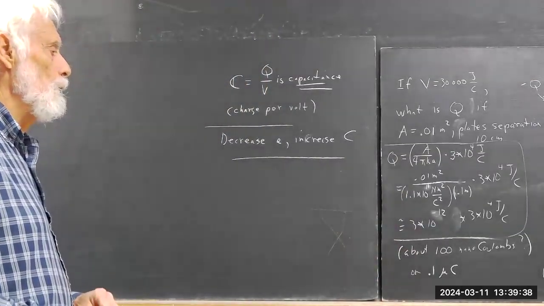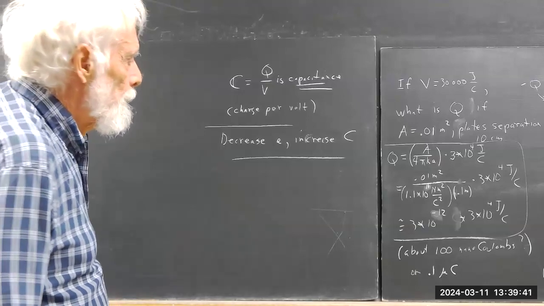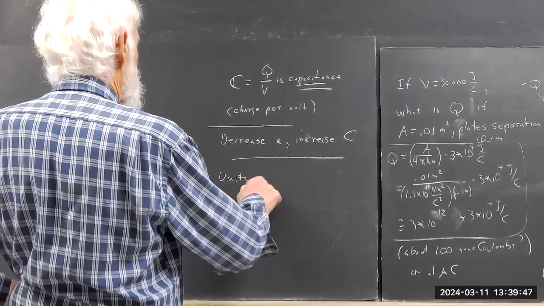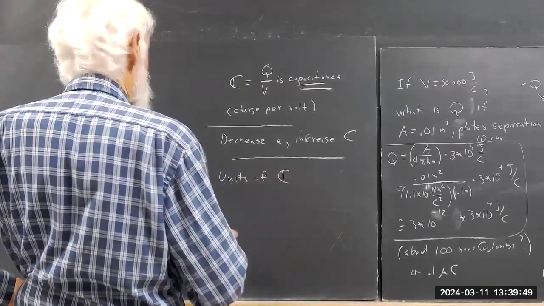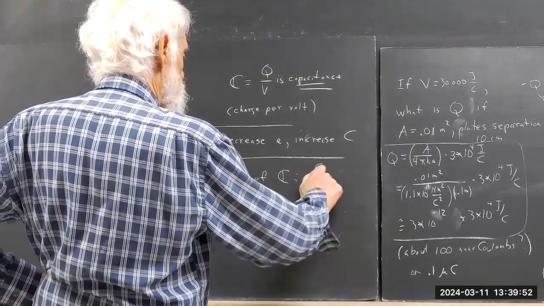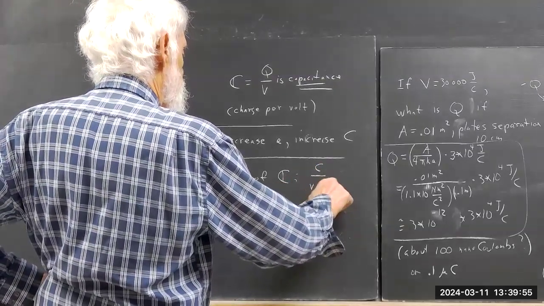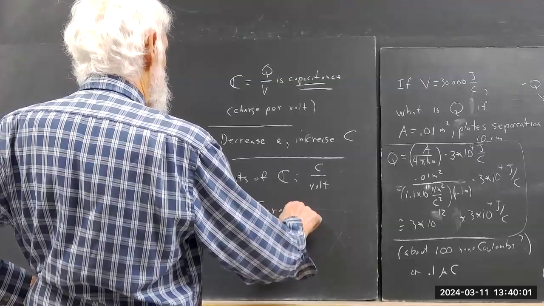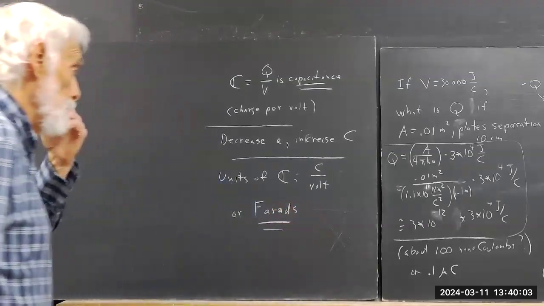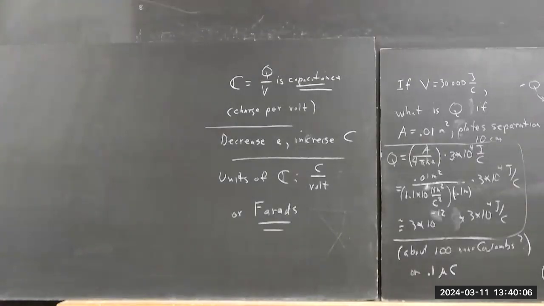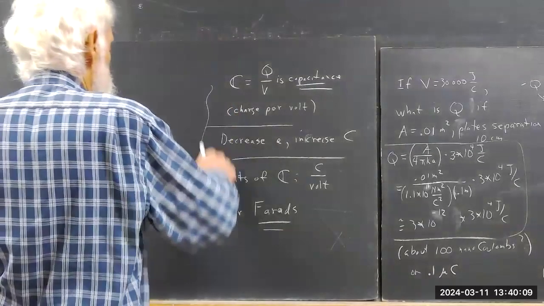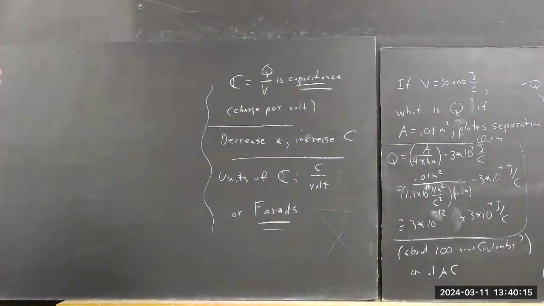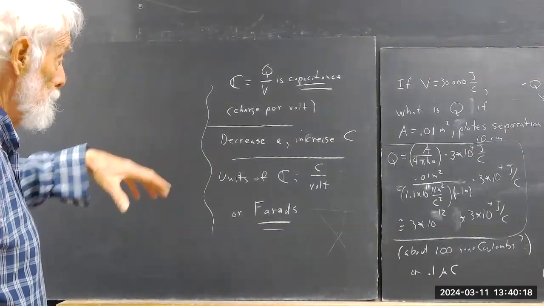About 3 nanofarads, okay. Units of capacitance: coulombs per volt, or farads. A farad is a coulomb per volt. Follow your units. It helps you keep the quantities straight.